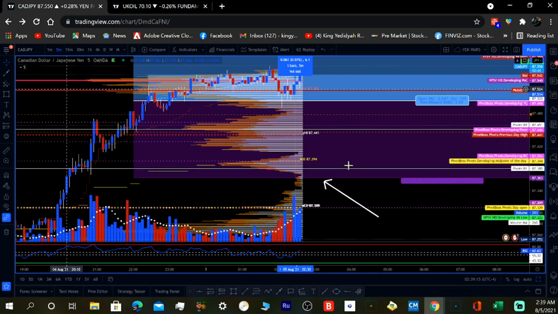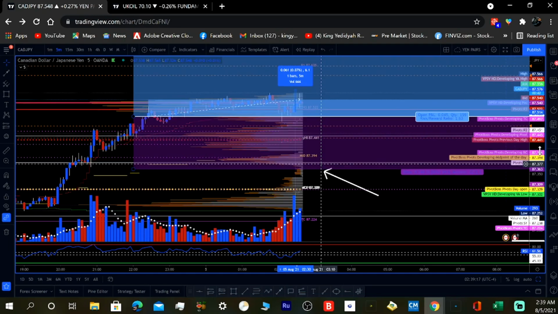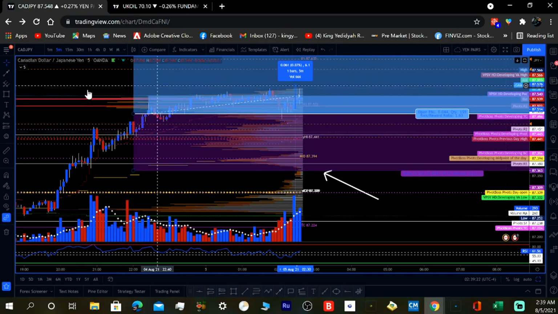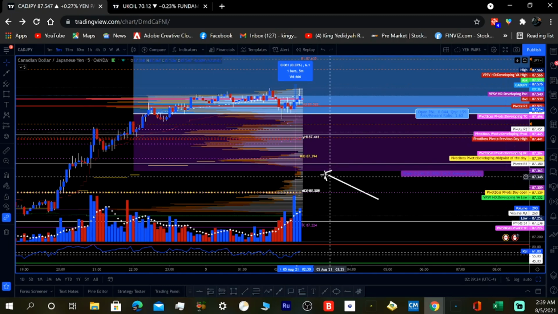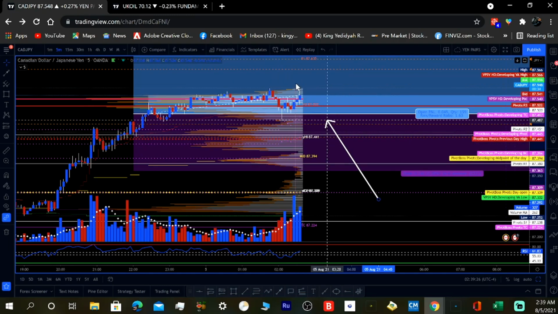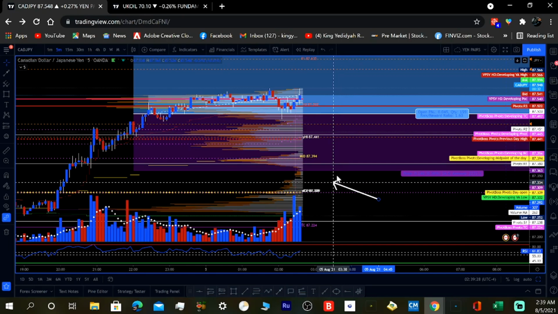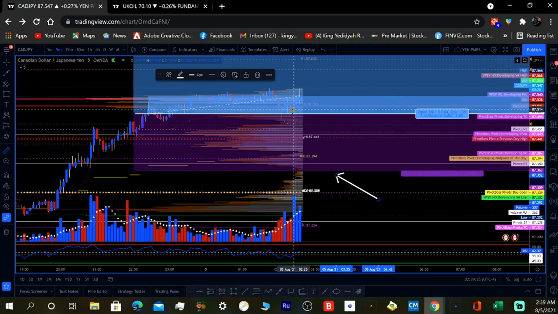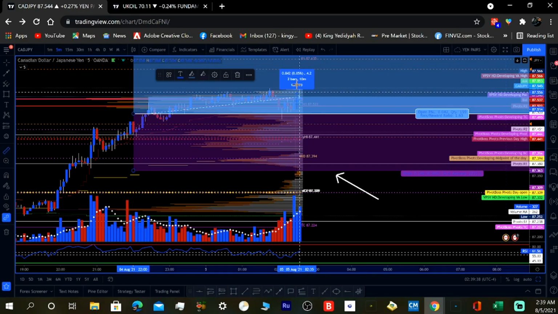Oh, let me see if I can. Oh man, it disappears. Hold on, I'm going to draw the level. See, start at the bottom here. 6 pips.